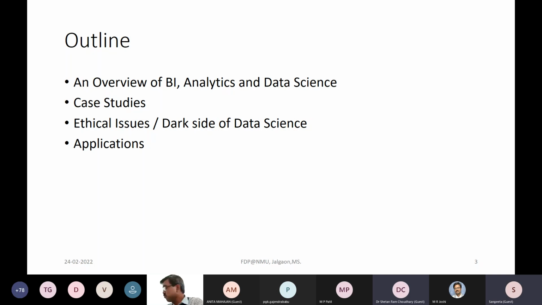It could be right or wrong, and there is no perfect answer. I would also like to learn from you all, and then we will see the ethical issues, or the dark side of data science, which is a very interesting feature. And finally, the applications of machine learning, as sir explained to you. Let me see how we can do justice and finish everything within the 2 hours given to me.